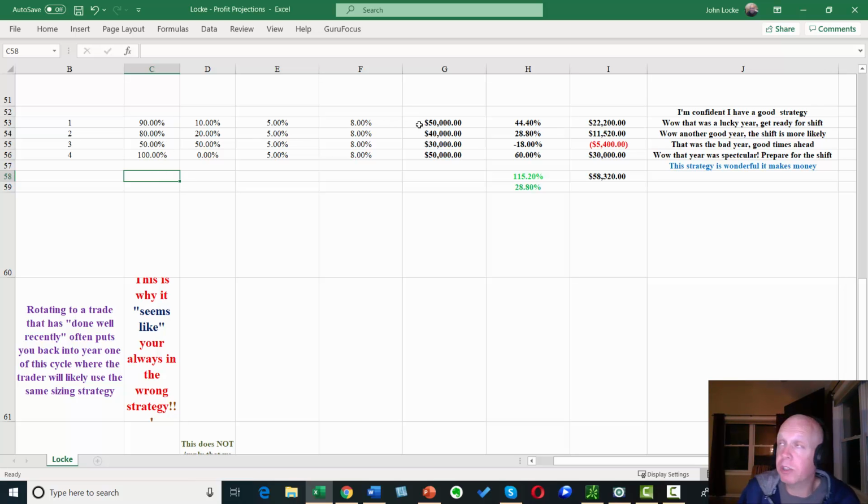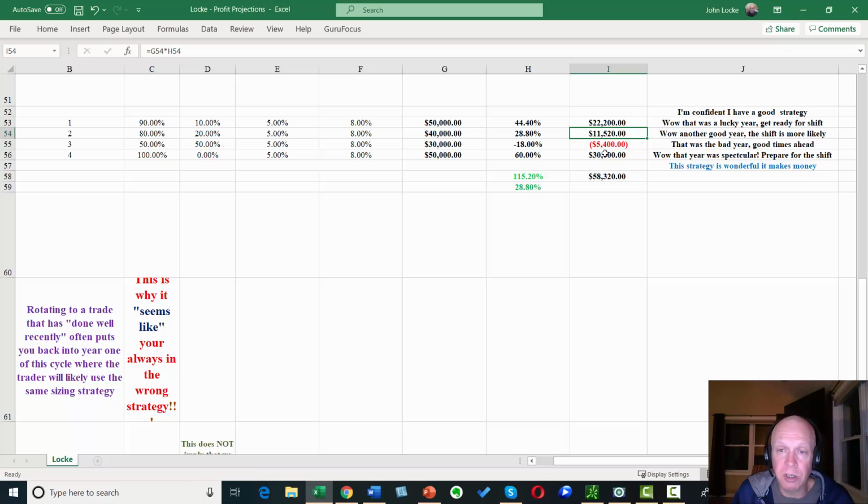Had you used the opposite trading strategy of what most traders are going to do, had you done that, you'd have made $22,000 here, right? You made a little bit less. You made a lot less here because you dropped your position size and the win rate wasn't quite so good, right? Then you dropped it more because you had another good year.